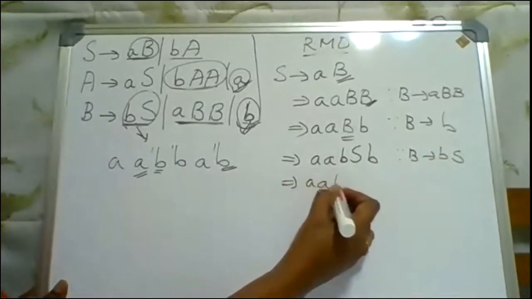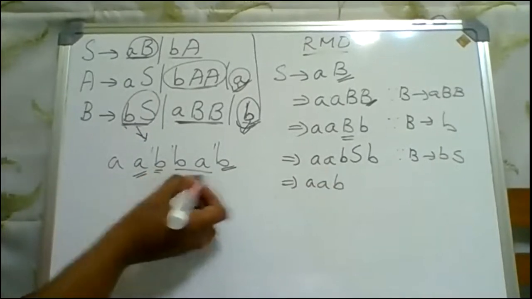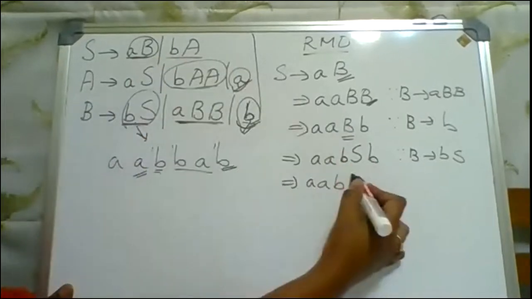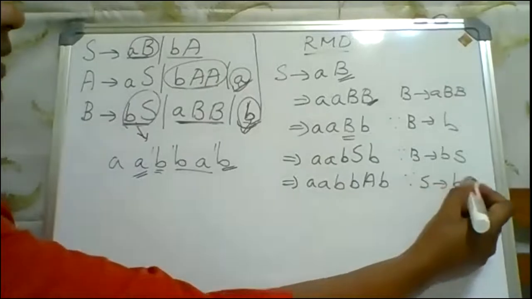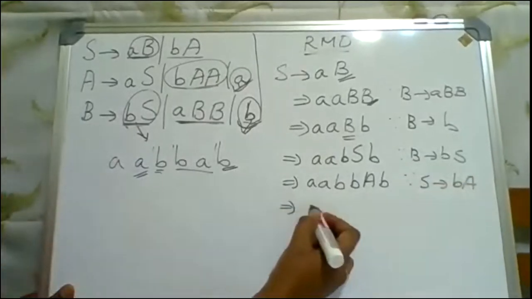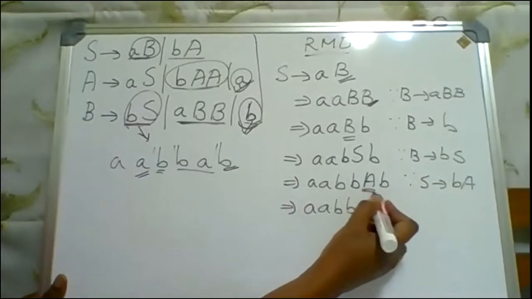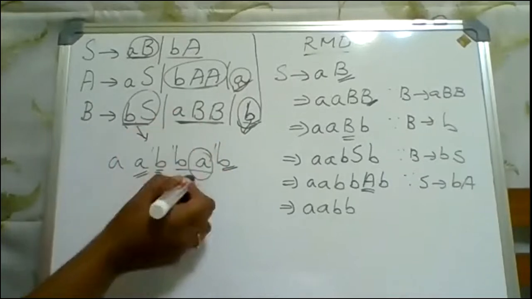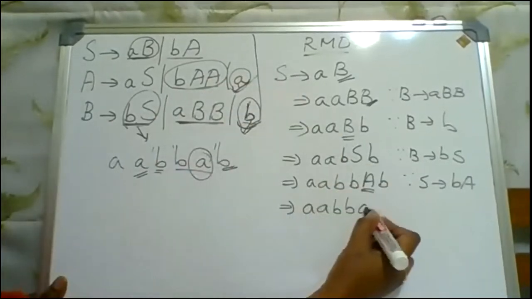The next step, we need to get BA now. Now this S is pending, so S can be replaced by AB, where S is replaced by AB. And finally, we need to replace this A with any of the productions. We need to get only one symbol A, so we can replace the variable A with this production.